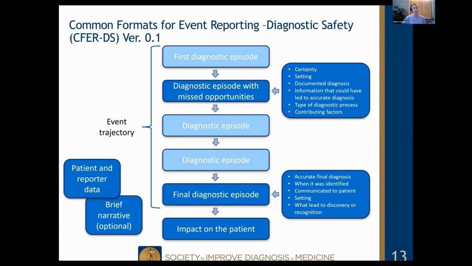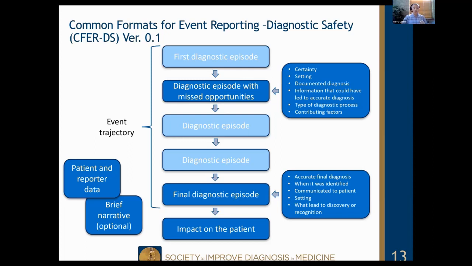So it starts with the first diagnostic episode at the top, and then it ends with a final diagnostic episode where an accurate diagnosis is identified, okay? So in the common formats, they go to great lengths describing these different concepts. And so what I've done here is diagrammatically outline them for you.